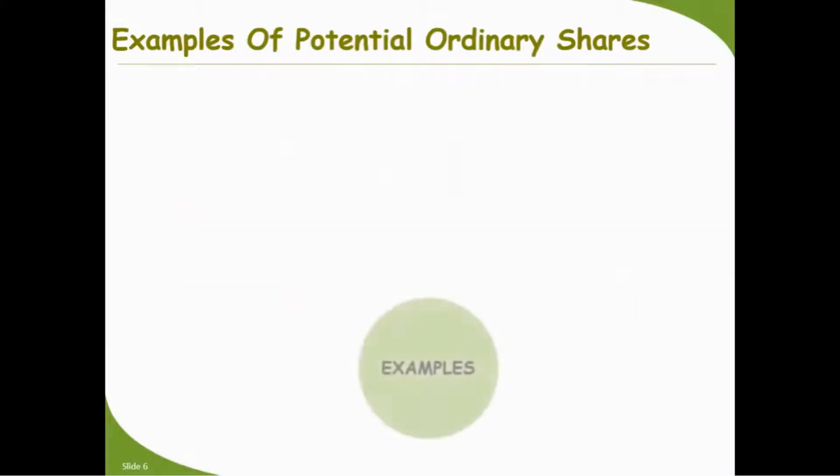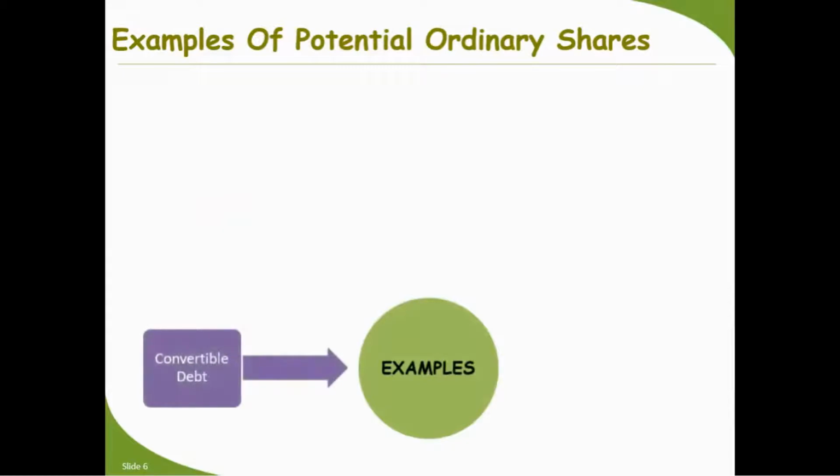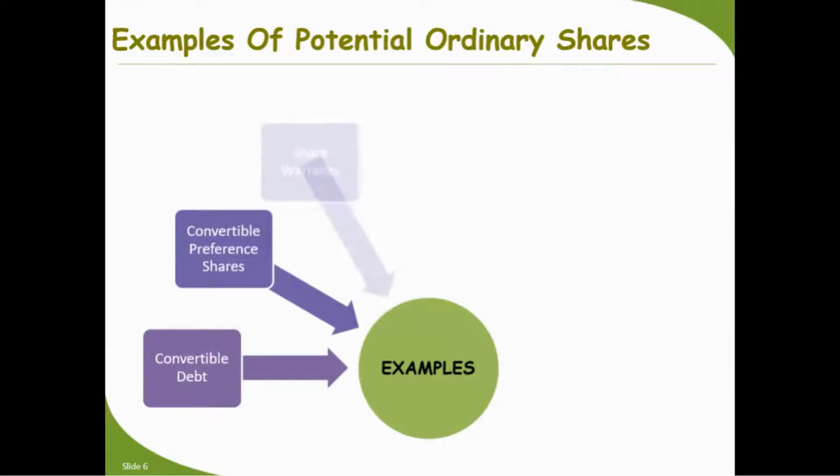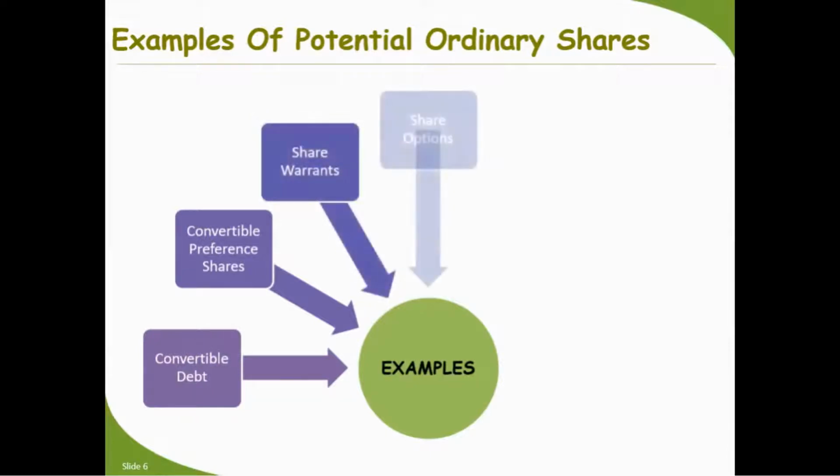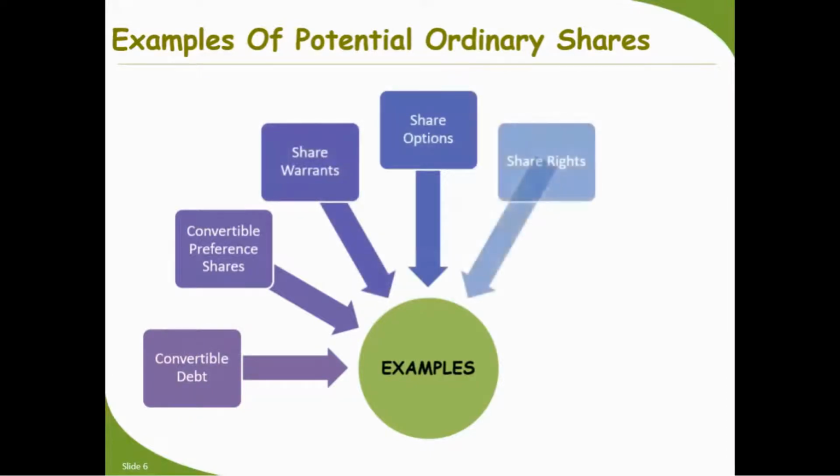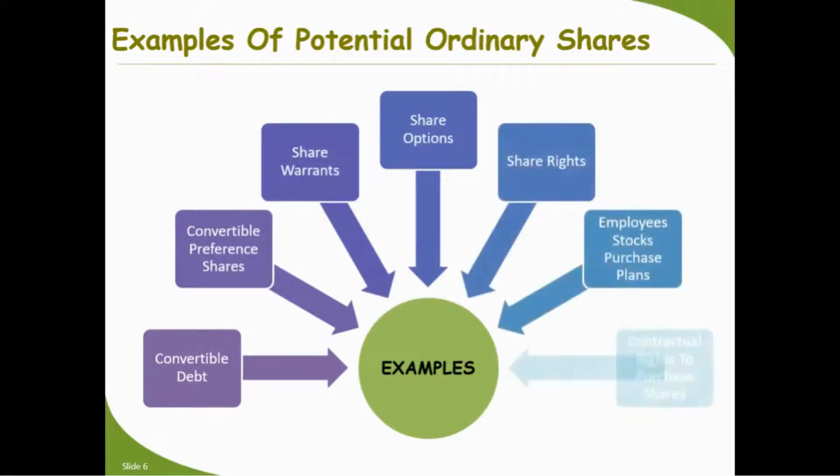Now, examples of potential ordinary shares: convertible debt, convertible preference shares. These both will be converted into ordinary shares. Share warrants, share options, share rights, employee stock purchase plans, and contractual rights to purchase shares.